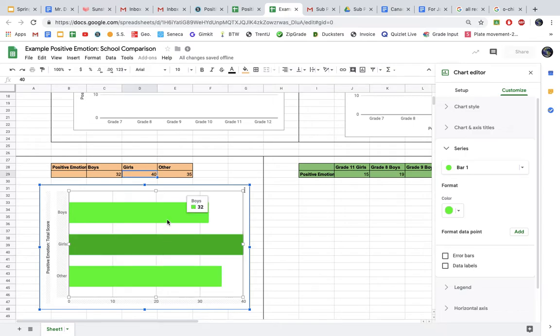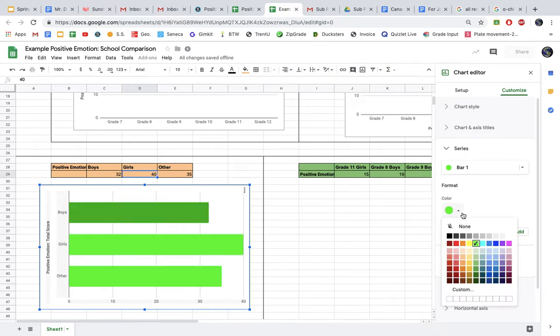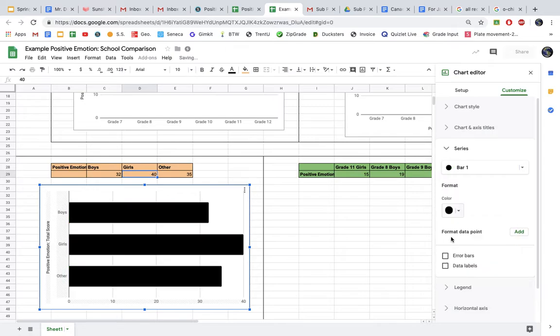I think it would look cool if we could do one at a time. You know what? I'll let you guys play around with that. There definitely is a way to make them each their own color if you want. I'm not sure why it's not working here, but you guys can figure it out. Or if you want, you can just keep it like this.